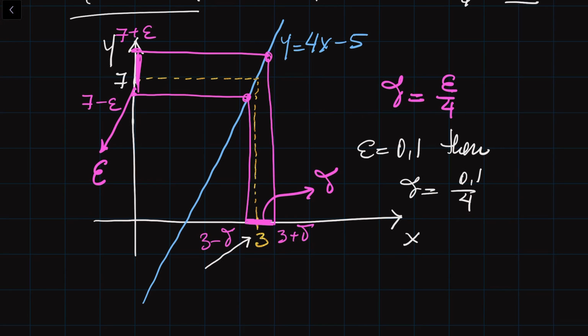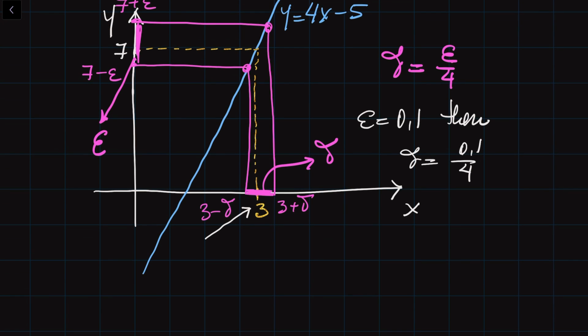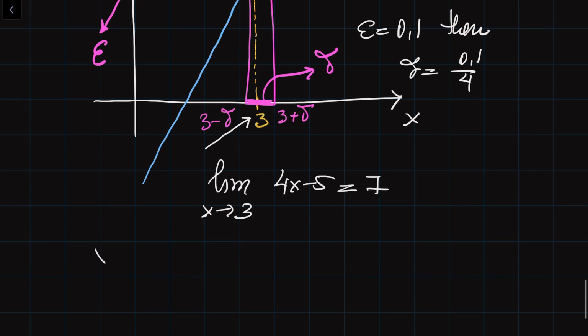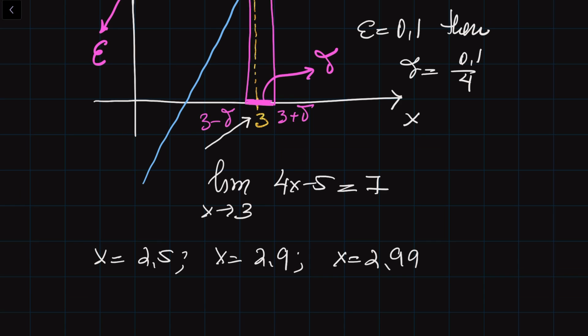Okay, if you remember, when we did this kind of thing in a previous lecture, we just chose values of x. If you would like to find the limit of 4x minus 5 as x comes closer to 3, which is equal to 7, for example, what we did is we chose the value of x to be 2.1, 2.5, then 2.9, then 2.99, and so on.